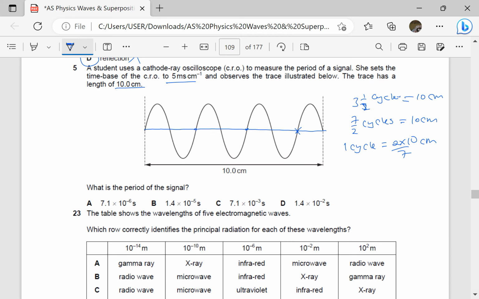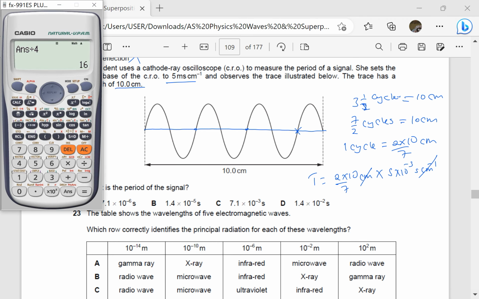So we can now find the period. Period is equal to the length of one cycle, which is 2 times 10/7 in centimeters, times the time base setting, which is 5 times 10 power negative 3 seconds per centimeter. So per centimeter is cancelled out. So 2 times 10 times 5 times 10 exponent negative 3, divided by 7.